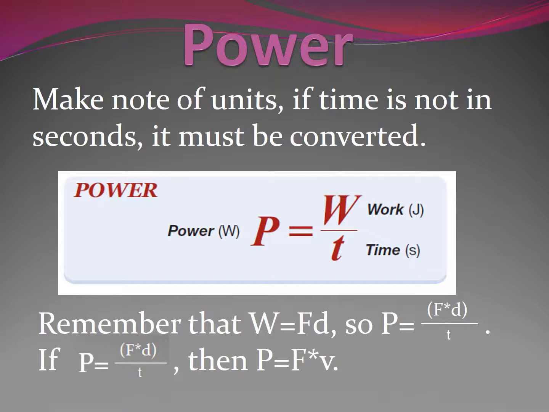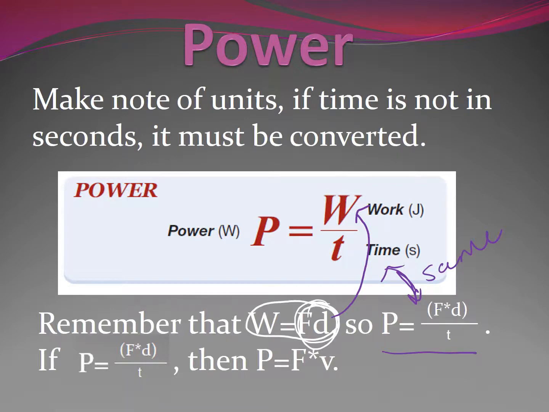Okay. In our previous lecture about work, we learned that work is equal to force times distance. Okay, so if W equals FD, then we can plug this in to here. So that gives you this equation right here. Power equals force times distance over time. This and this is the same thing.